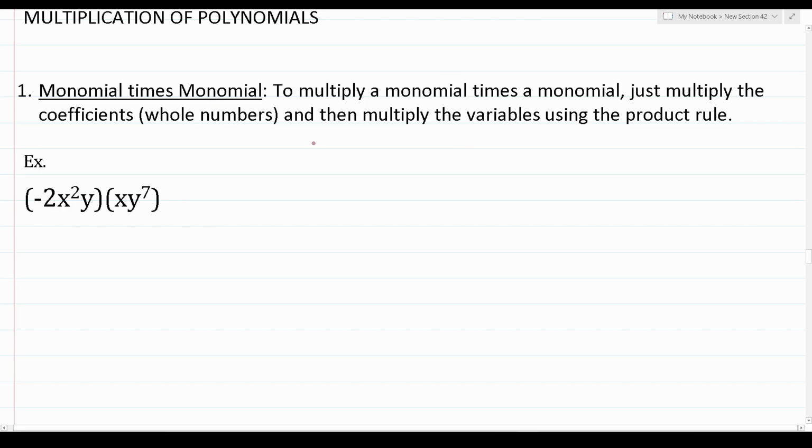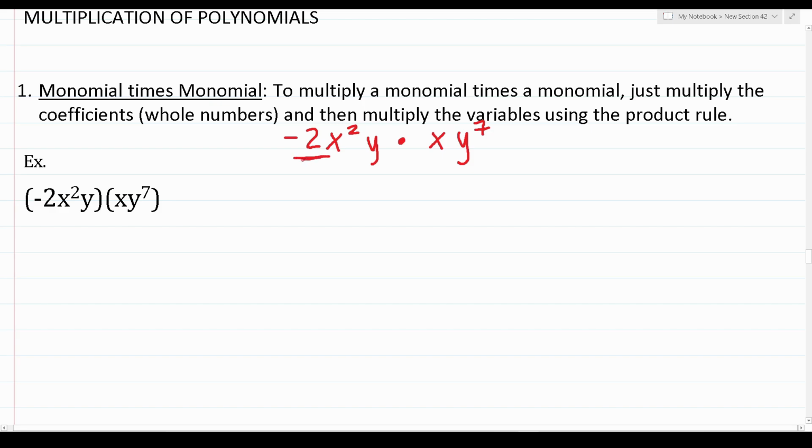So let's write this one off to the side. As you can see, we have negative 2x squared y, and instead of using parentheses, I'm just going to put the multiplication symbol there, times x, y to the seventh. The first step is to take care of our coefficients, which are the whole numbers.